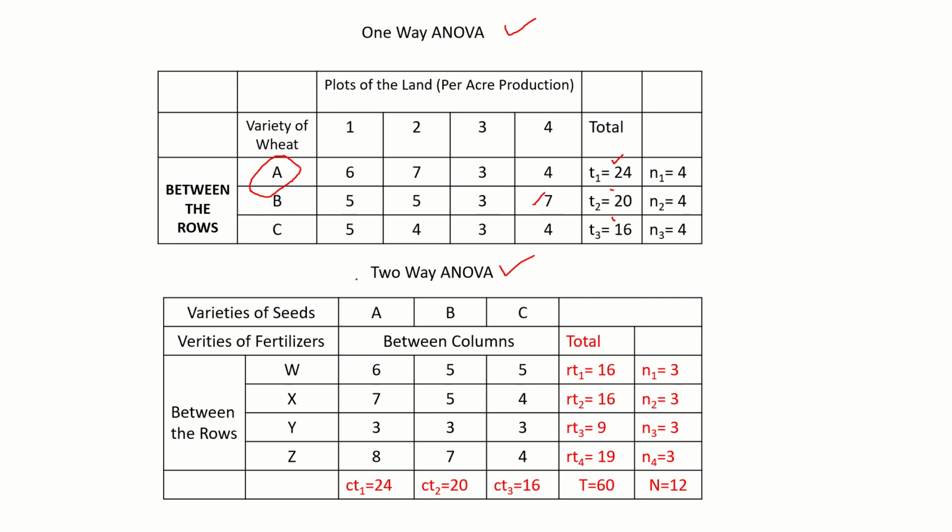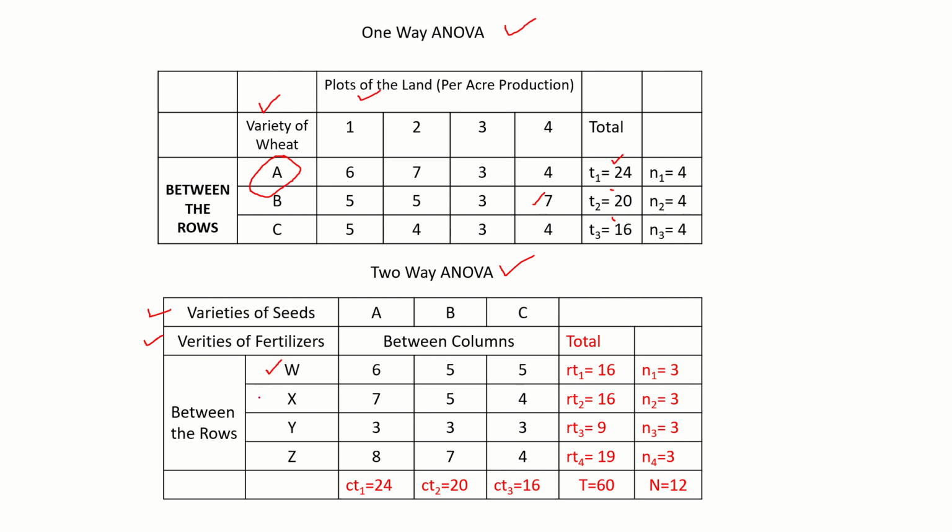In these lessons, what we are going to see is two-way ANOVA. Two-way ANOVA means that whereas in this way there was one factor that was influencing the productions, here we have taken two factors, varieties of fertilizers and varieties of seeds. In the previous case, we have taken the seeds in the column, and here we have taken fertilizer in the column.